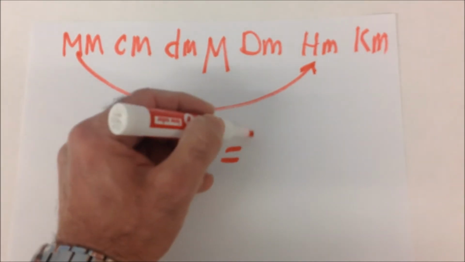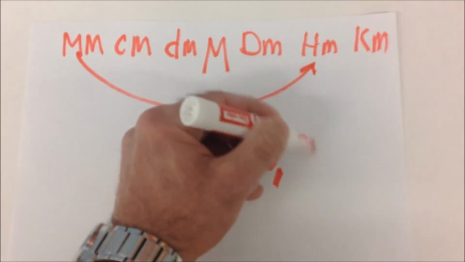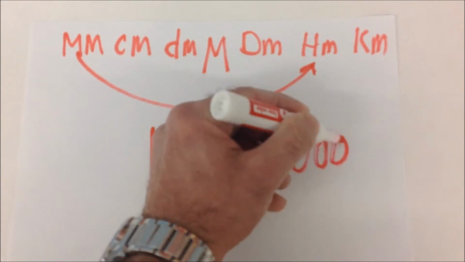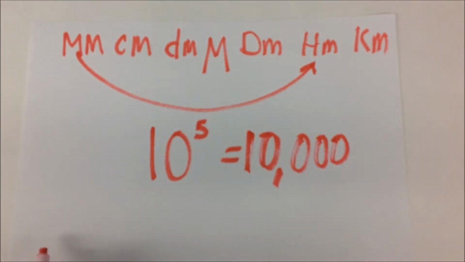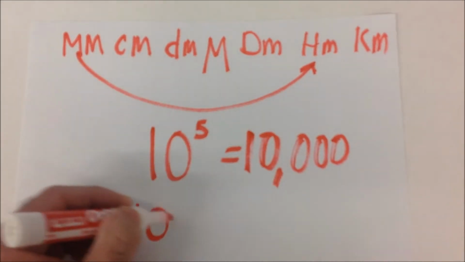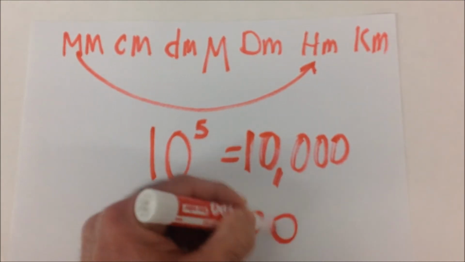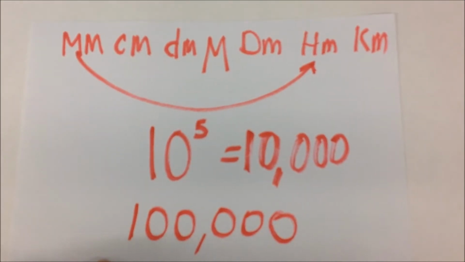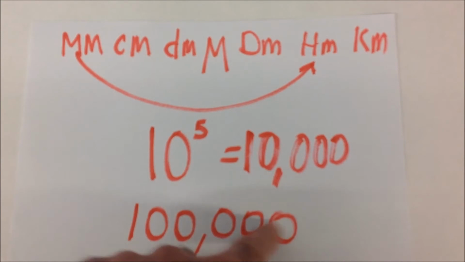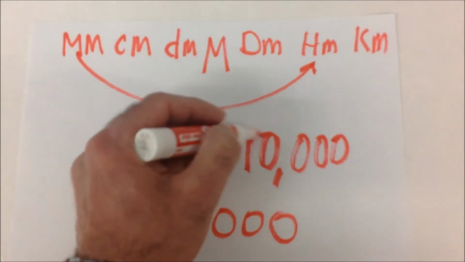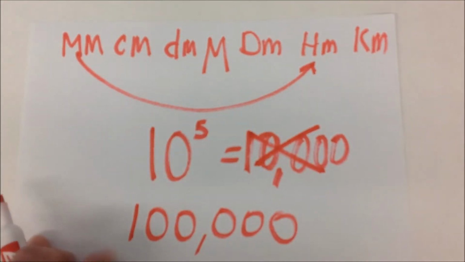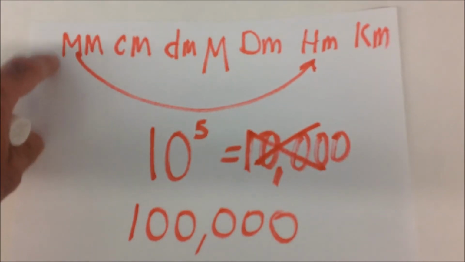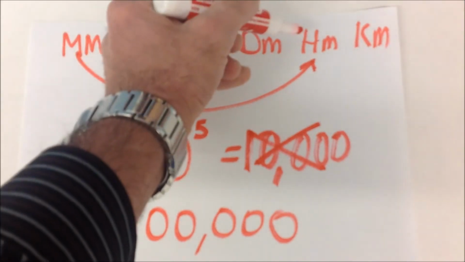There should be 5 zeros. That's only 4 zeros, right? That's 5 zeros. 1, 2, 3, 4, 5. So 10 to the 5th power is 100,000. There's 100,000 millimeters in 1 hectometer.